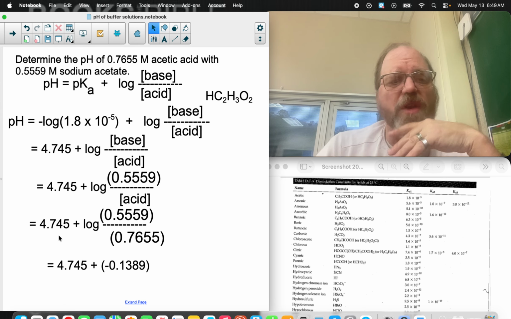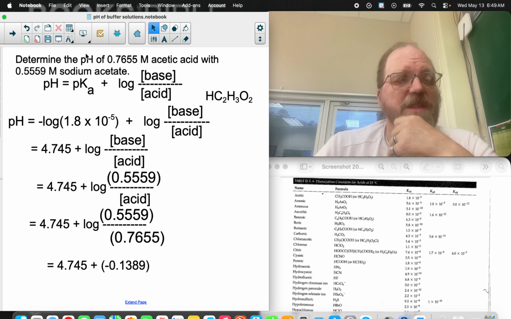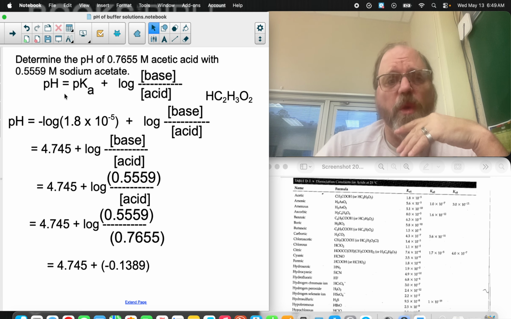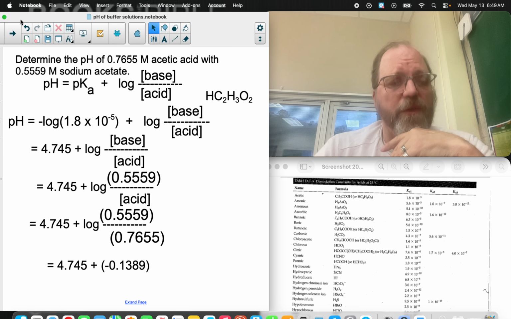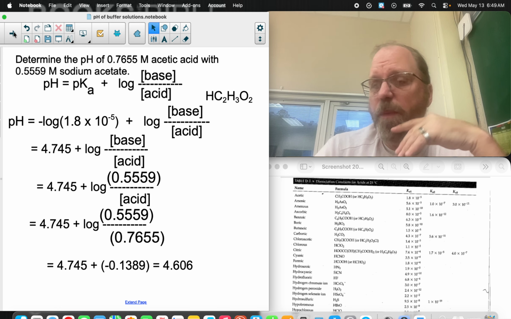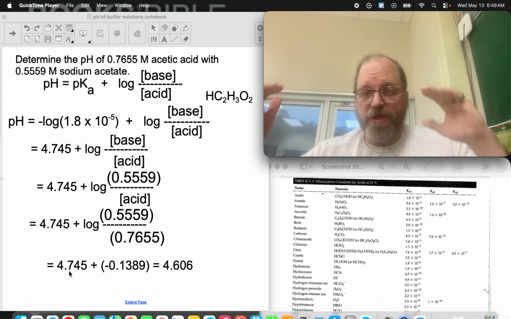I always do 4 sig figs here because, well, right here we have 4 sig figs. Going off of here, that'll give us our 4 sig figs. The answer then is 4.606. That would be the pH of the solution. We're using 4 sig figs because of the values inside of there.